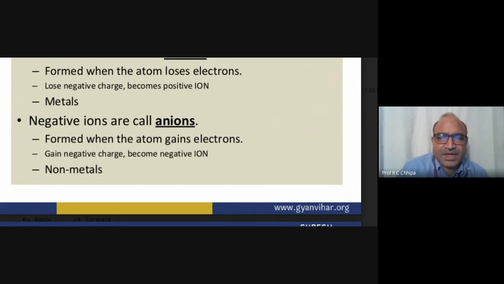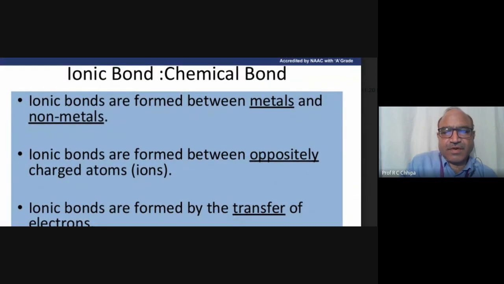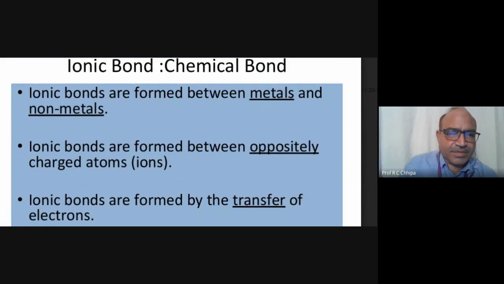For example, oxygen gets two electrons and becomes oxide, O minus two. Chlorine gets one electron and becomes the chloride anion. Therefore, ionic bonds are formed between metals and non-metals.